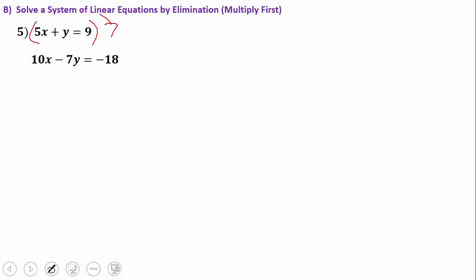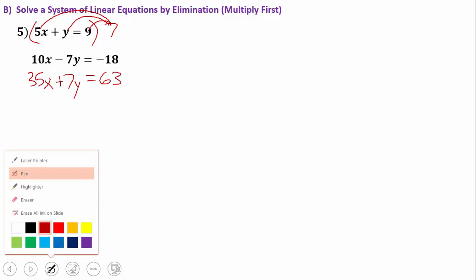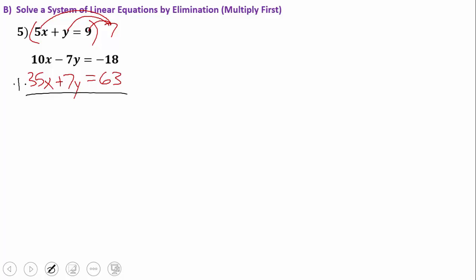So I have to use the distributive property because I have to multiply every single term to create an equivalent equation. 7 times 5x is 35x. 7 times y is a positive 7y. And 7 times 9 is 63. Now, because I've created those opposite y terms, I can add to eliminate. 10x plus 35x is 45x.